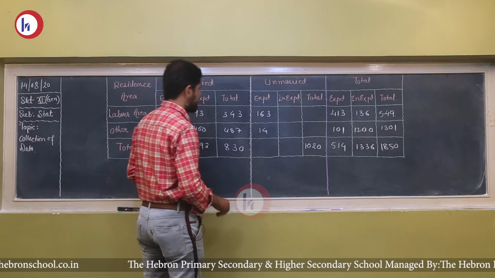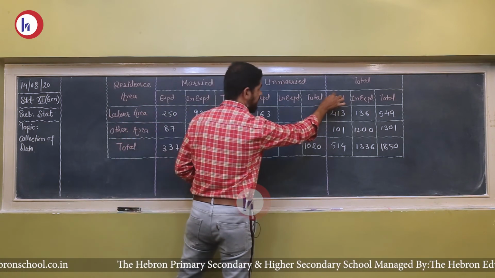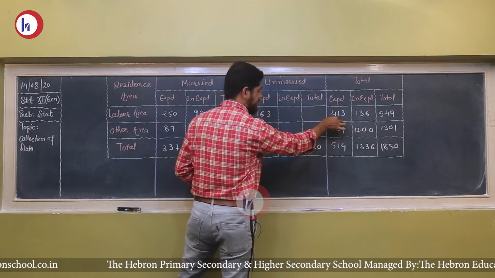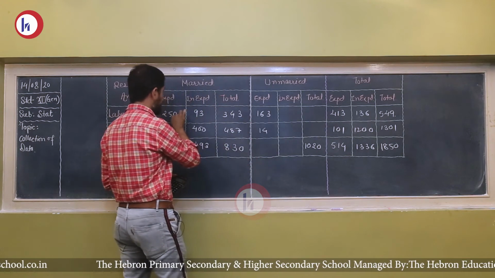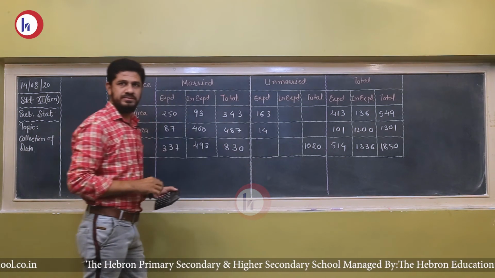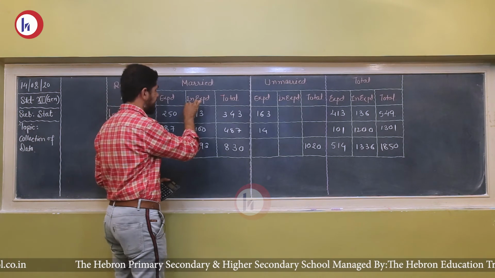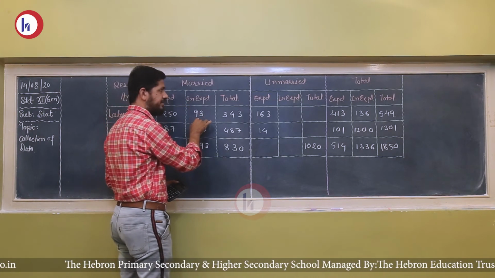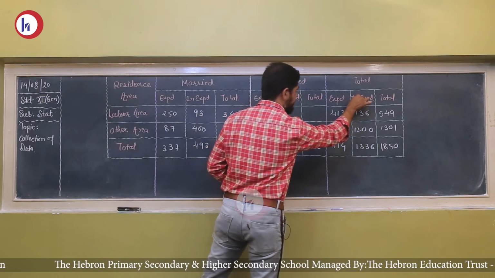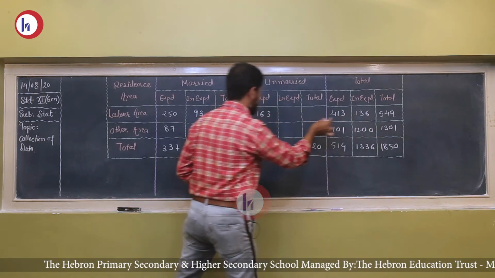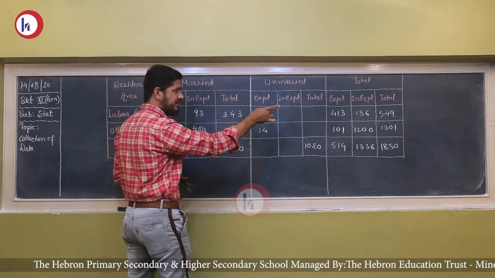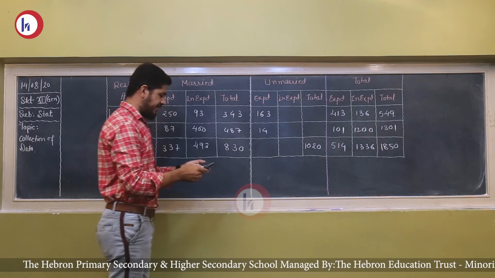Now what I told you is that this block indicates the sum of two experienced blocks. Now you can see inexperienced married 93, here inexperienced 136. If we subtract 93 from 136, we will get the remaining amount.